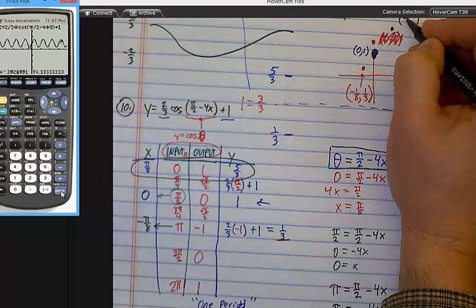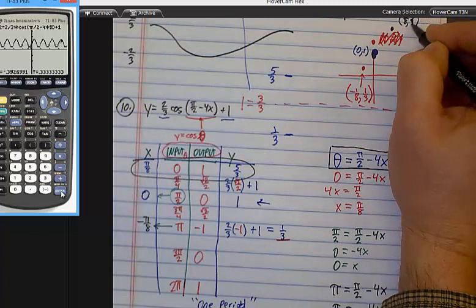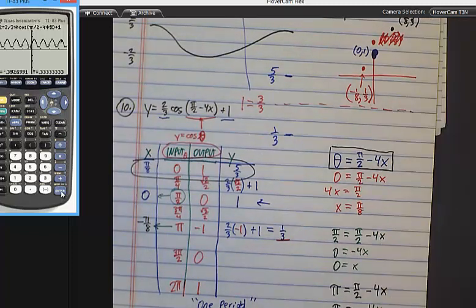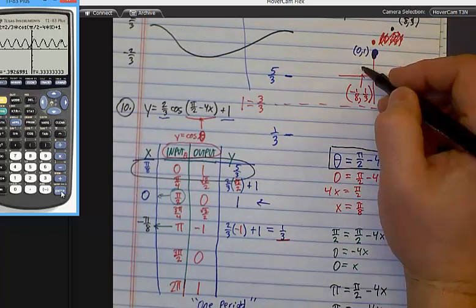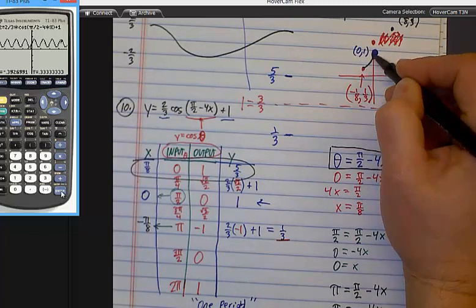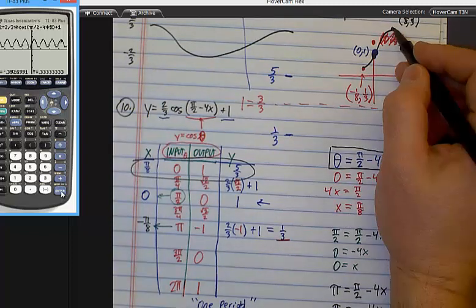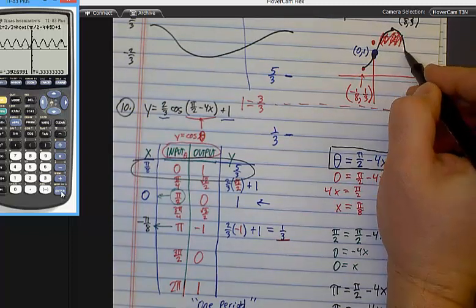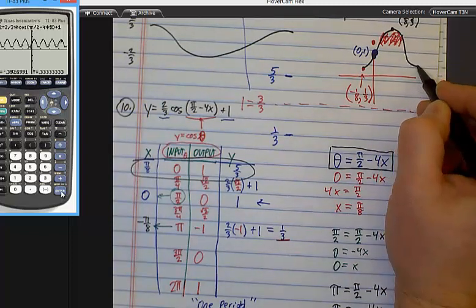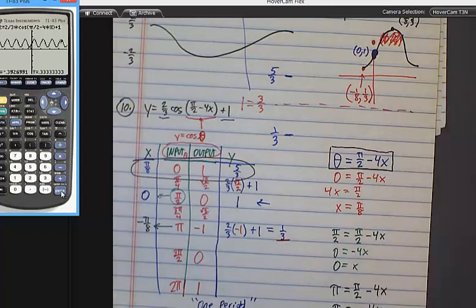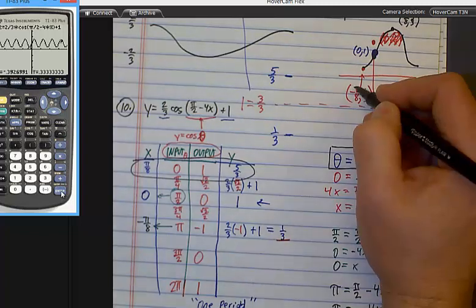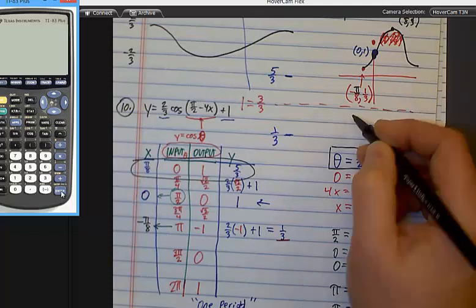You see that? So the picture is something like this. And then the pattern repeats. It starts coming back down to 0, and then it ends up over here. So negative pi over 8 gives me 1/3. 0 gives me 1.